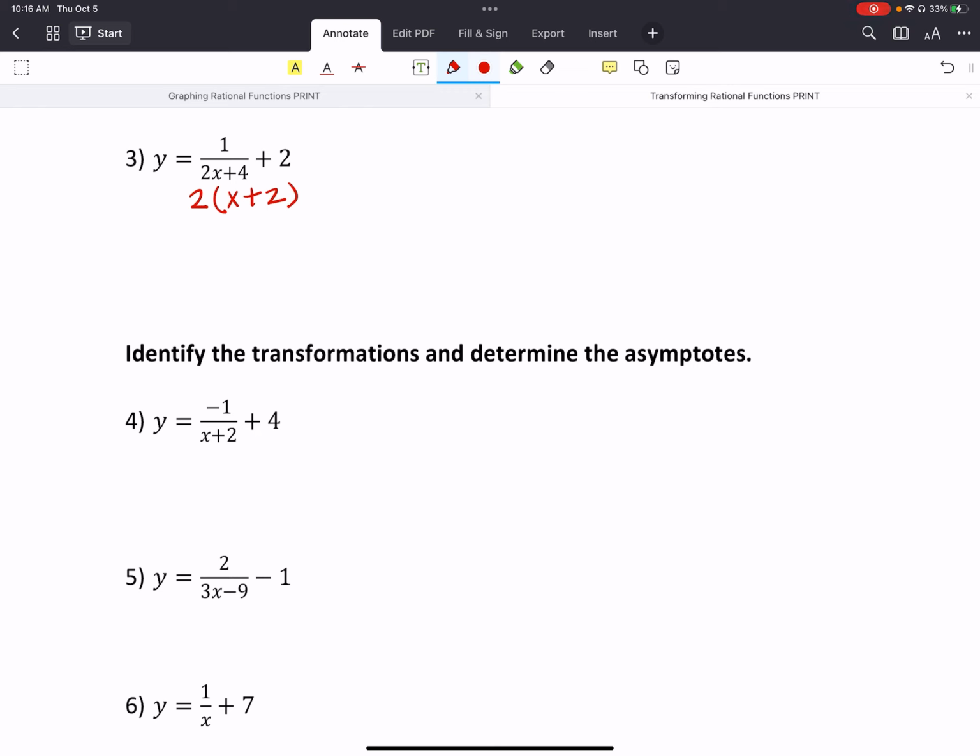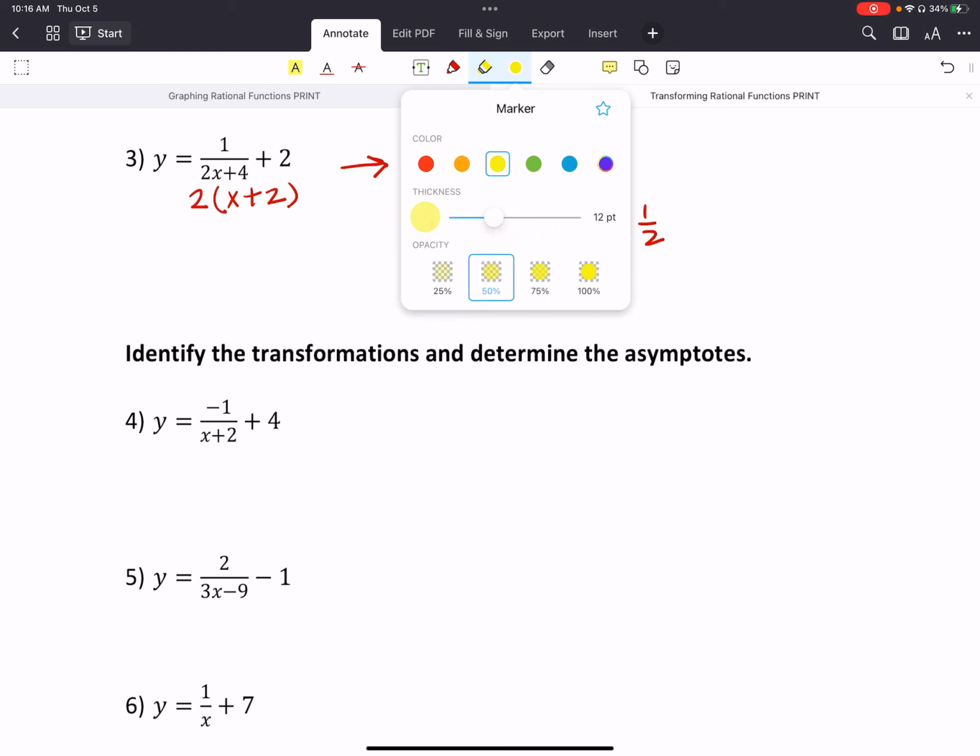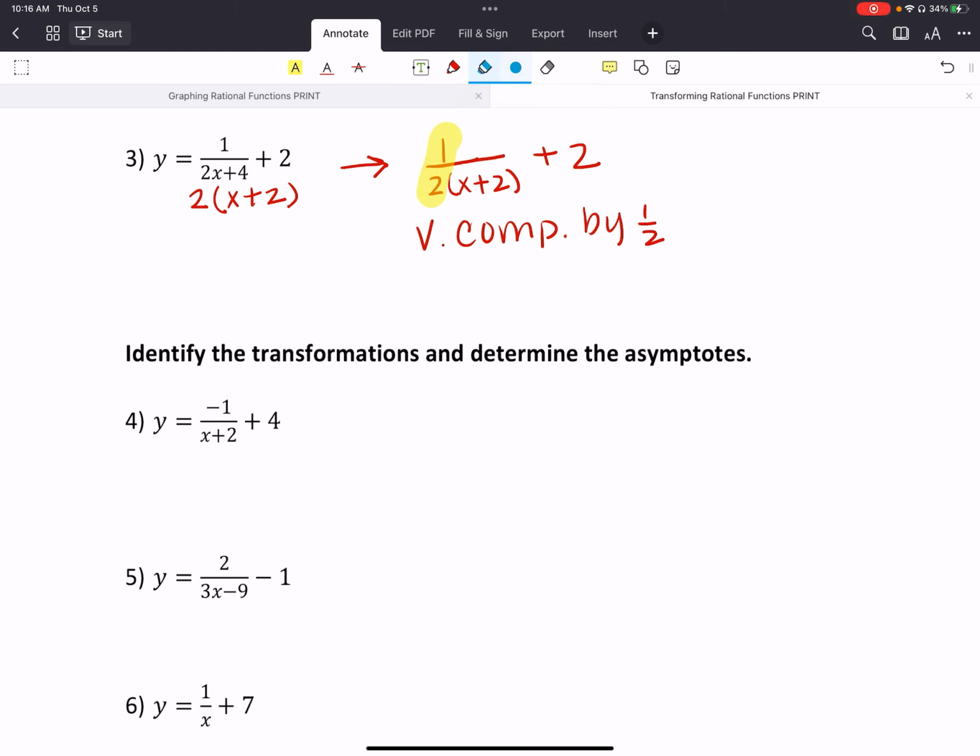Then I'm going to rewrite this as 1 over 2 times x plus 2, and then plus 2 on the outside. You don't have to do this every single time, but it does help you clearly see that we have a vertical compress or shrink by 1/2. Then it also helps you see that we go left 2.